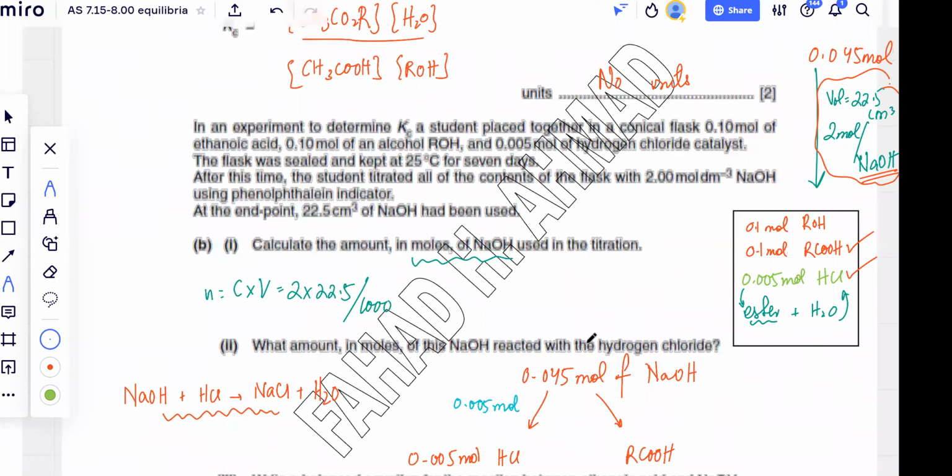So out of the 0.045 moles you've added, only 0.005 moles would react with the HCl added as a catalyst. The rest, 0.04 moles, would react with the carboxylic acid present in the mixture. Is this clear? Yes.